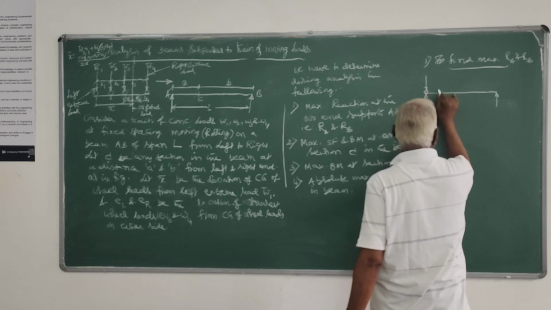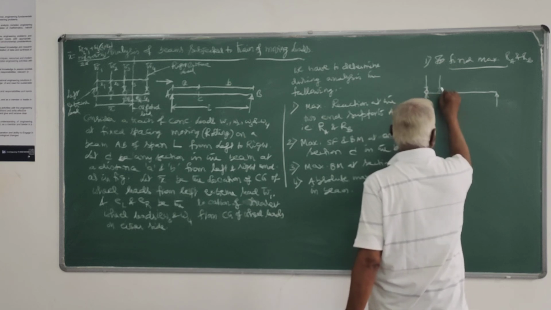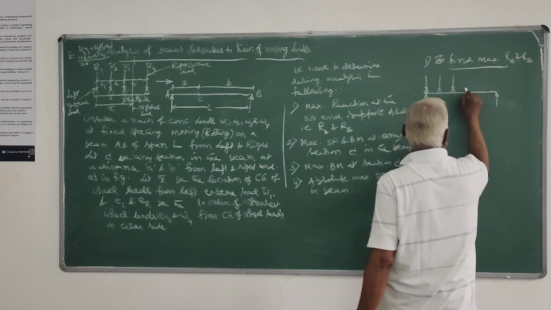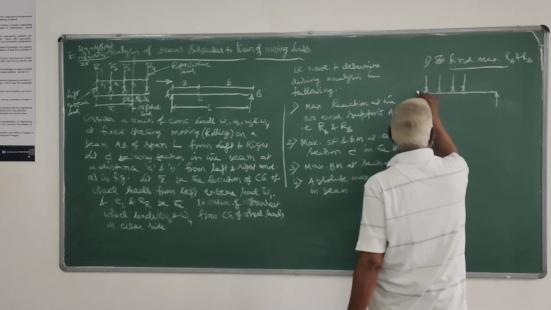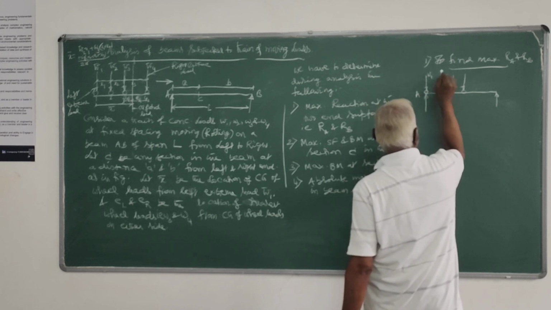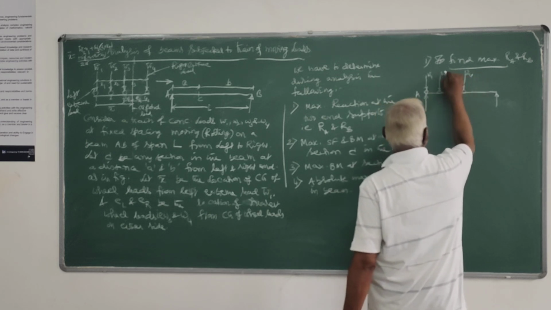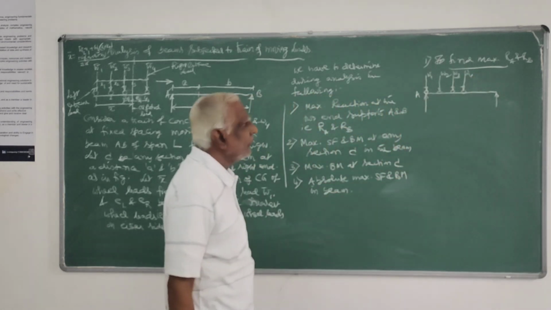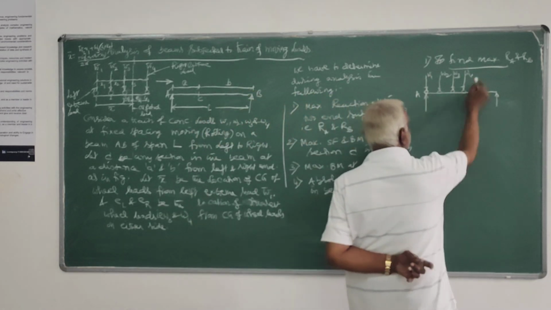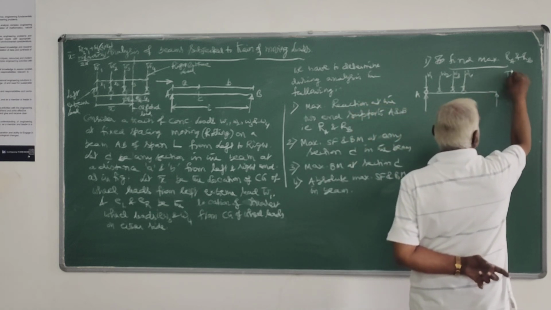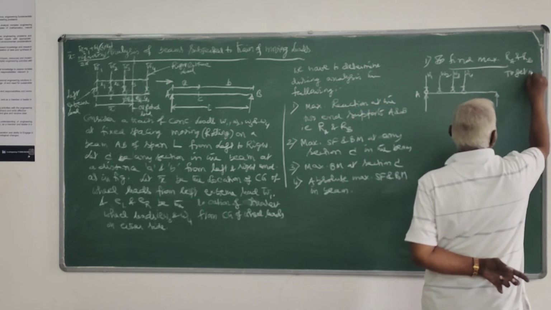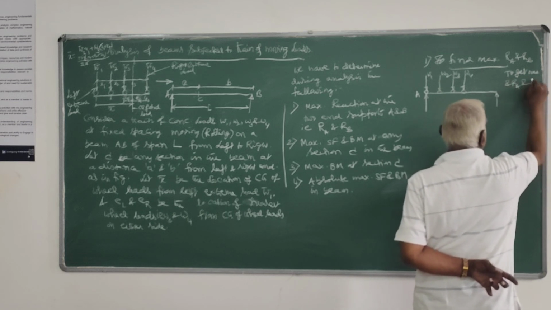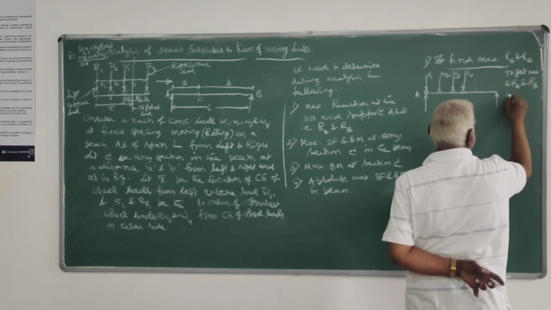The extreme left load, that is W1, has to be placed at A in order to get maximum RA.